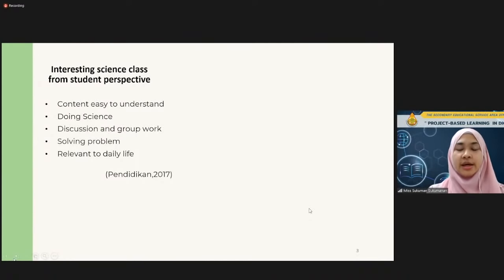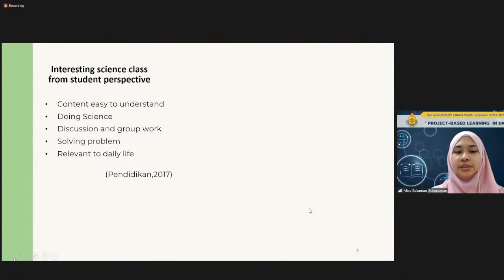On the other hand, there are some interesting science classrooms from the student perspective. Those interesting science classrooms have some characteristics: the contents of the topic are easy, and the teacher asks the students to do real science, like laboratory work, and provides the opportunity for them to discuss and work with peers or other members in the classroom.